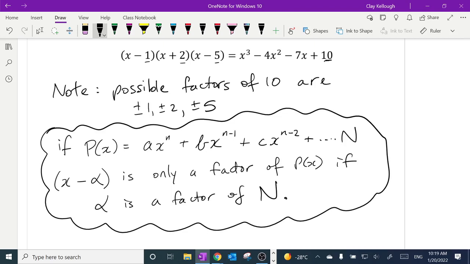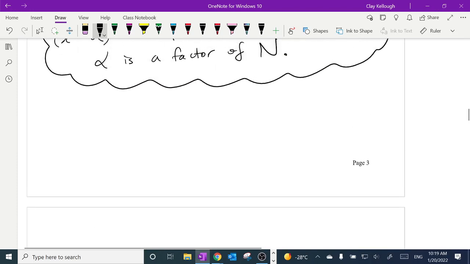So in other words, let's play the game backwards from that example above. Suppose I was asked to try to factor x cubed minus 4x squared minus 7x plus 10. That isn't the next example, is it? They give us a different one? Yeah, they do.